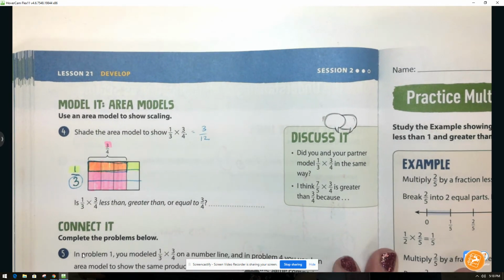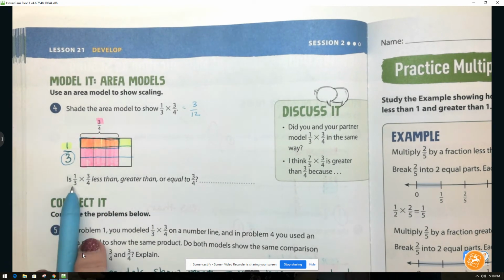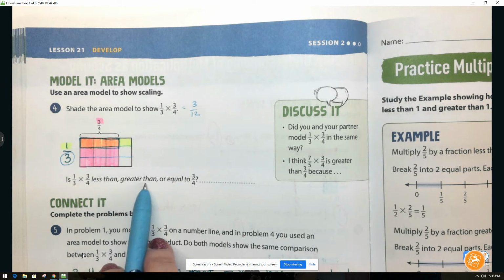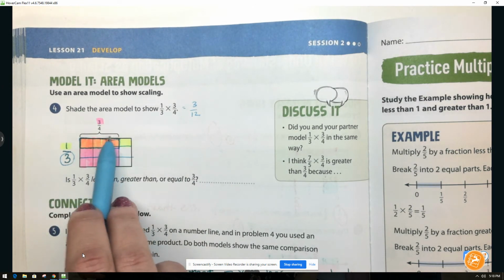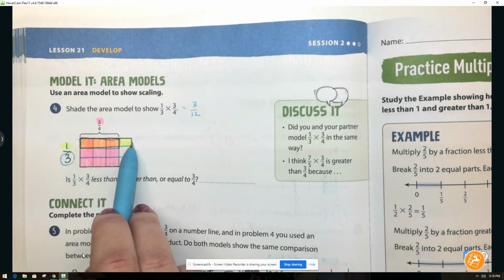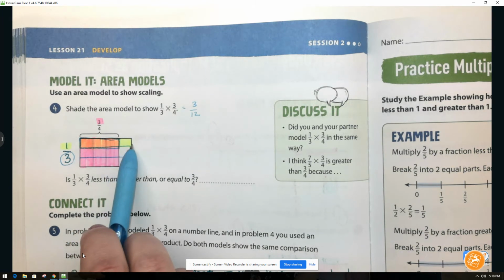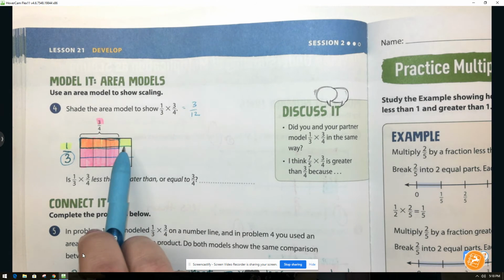But the good news is, that's not what we're looking for. What we want to know is, is 1/3 times 3/4 less than, greater than, or equal to 3/4? If we compare this orange section just to the yellow section, is the orange section less than, greater than, or equal to this yellow section? It's less than.